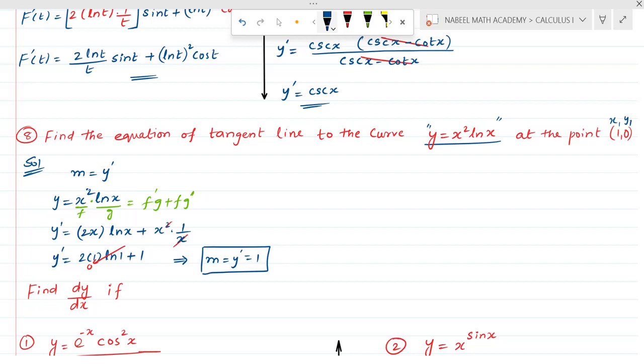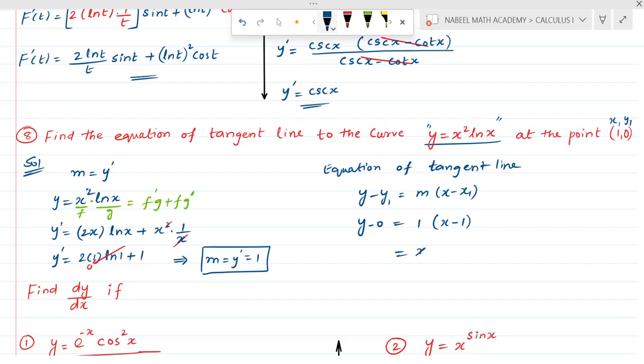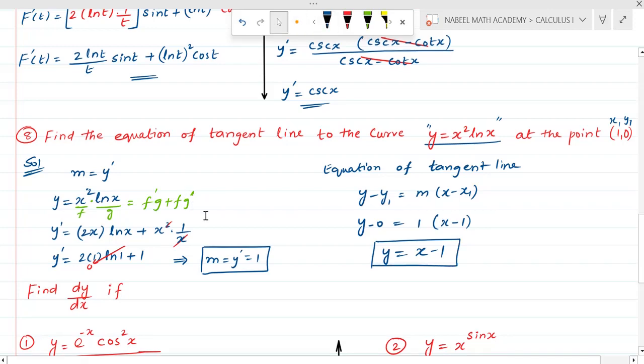Now the equation of a tangent line: y minus y1 equals m times x minus x1. Y1 is 0, m is 1, x minus 1. So y equals x minus 1. This is the equation of the tangent line.